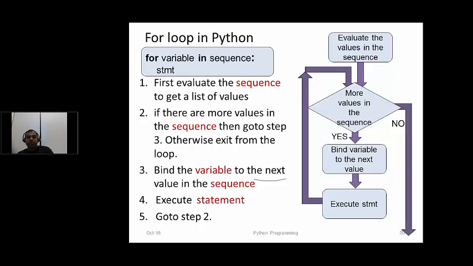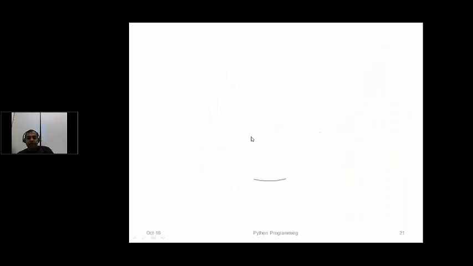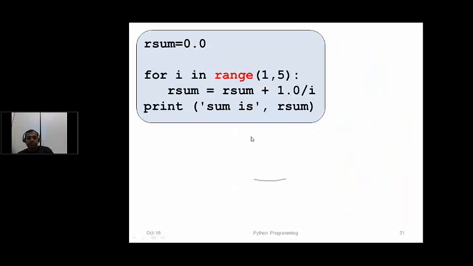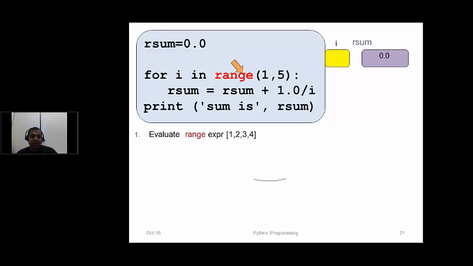So this is the general form of the for loop, and we can see how it executes for a simple example. In this case I am computing the reciprocal sum of the first 4 numbers only. We evaluate the range expression and assume that it gives you the list 1, 2, 3, 4. You bind I to the first value, 1, because the range expression has given you a non-empty sequence.